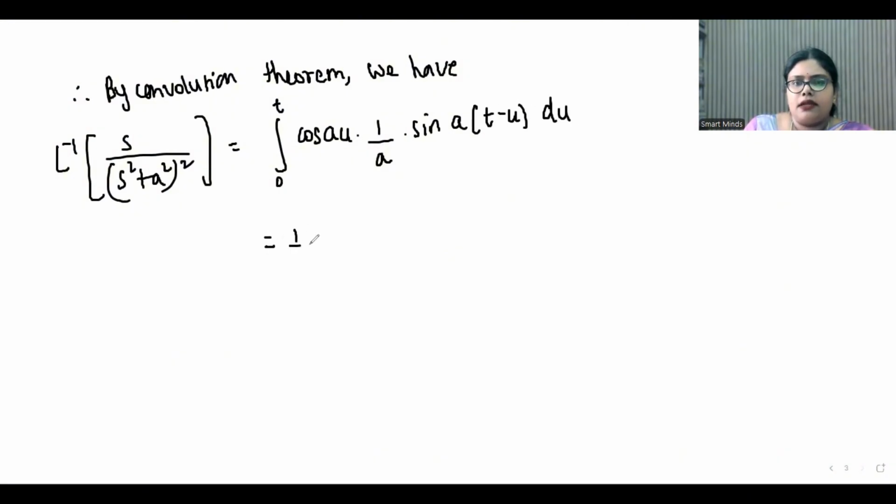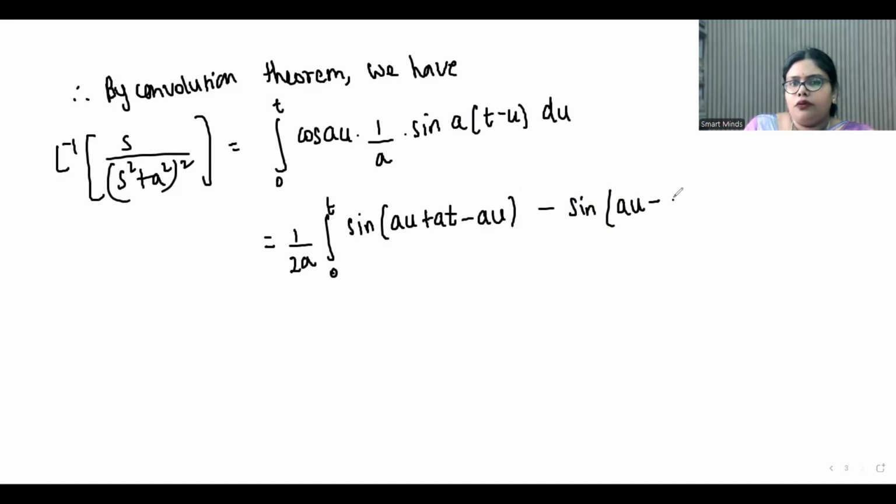That is 1 by 2a integral 0 to t sin au plus at minus au minus sin au minus at plus au du.